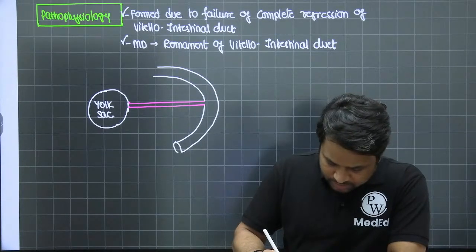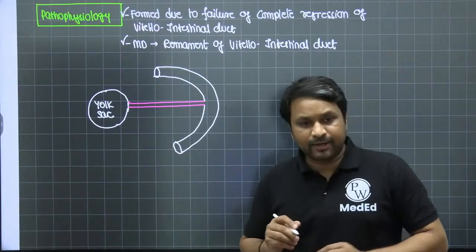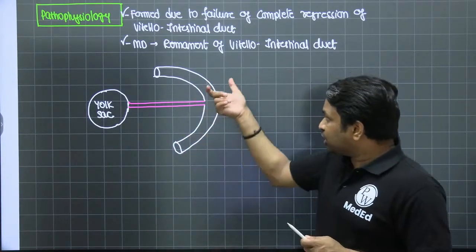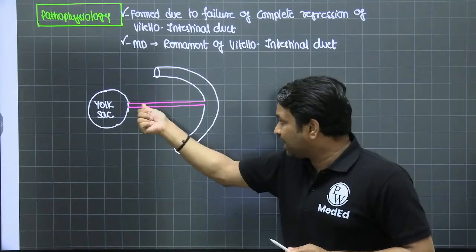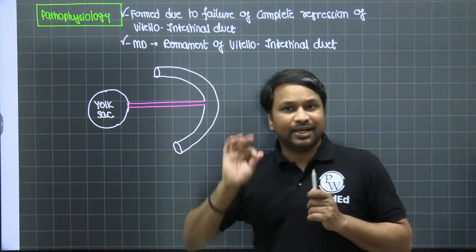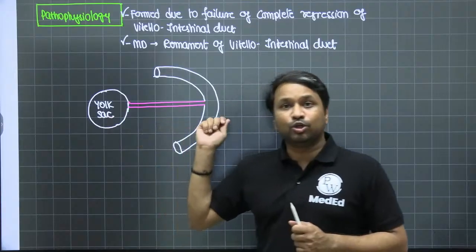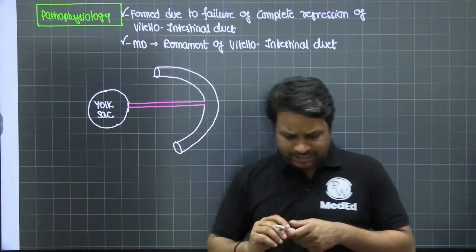So this is where the midgut was getting developed, right? Now, as the midgut was developing, there are the cranial end and the caudal end. The junction between the cranial and the caudal end is where your vitelo-intestinal duct usually attaches. After the attachment, it pulls the entire bowel into the coelomic cavity and it usually disappears, right?